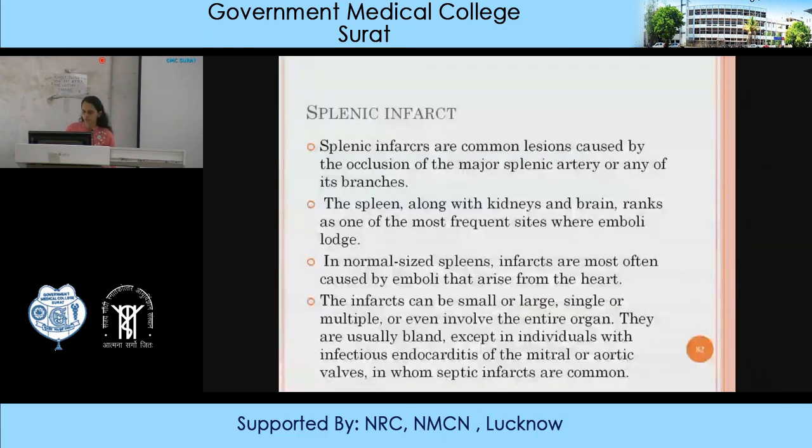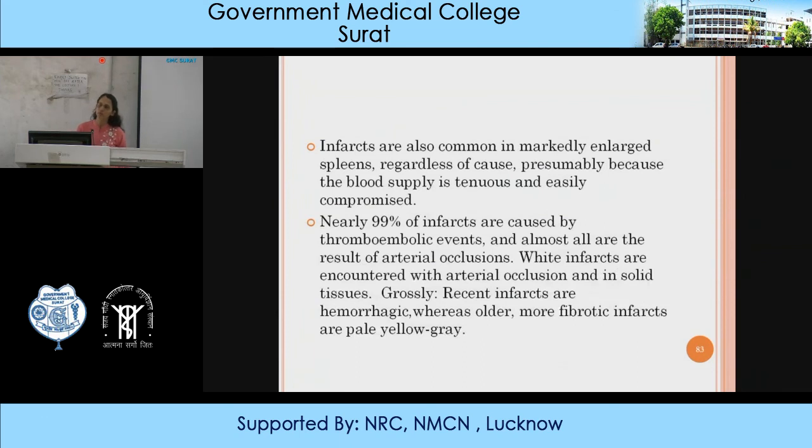Splenic infarcts are caused by occlusion of major splenic artery or its branches, and infarcts are also common in markedly enlarged spleen regardless of the cause, presumably because the blood supply is compromised. Nearly 90% of infarcts are caused by thrombotic events and are almost a result of arterial occlusion.